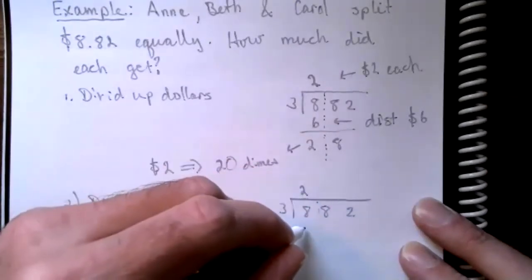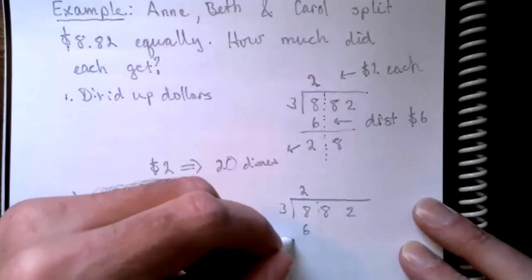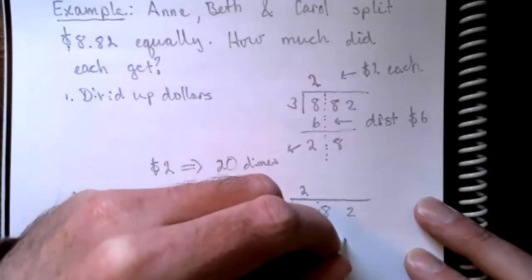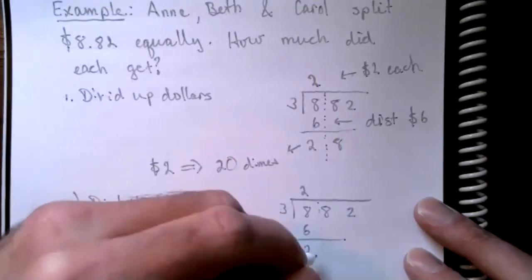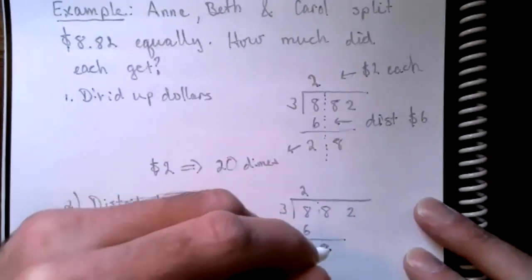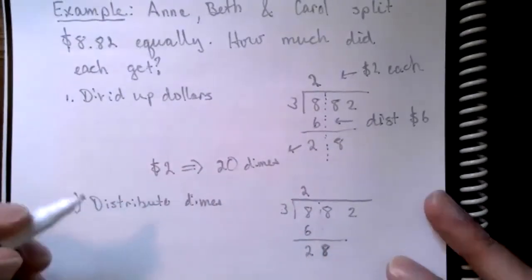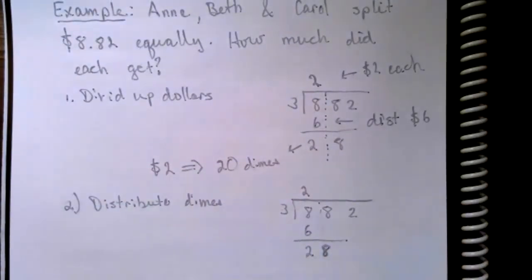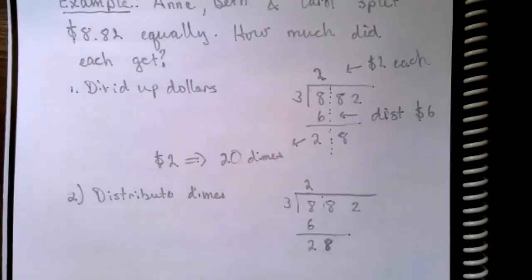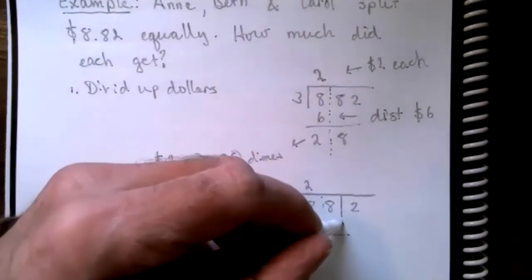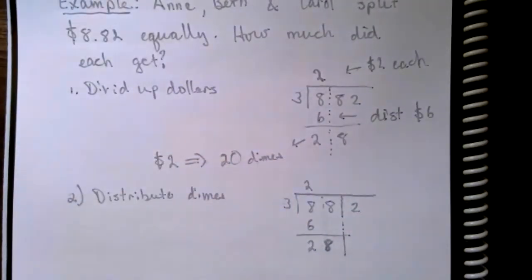Each one got 2 for a total of $6 distributed. And then we turned the remaining stuff into 28 dimes. Now we're distributing those among 3 people. So we're focusing here on the dimes.